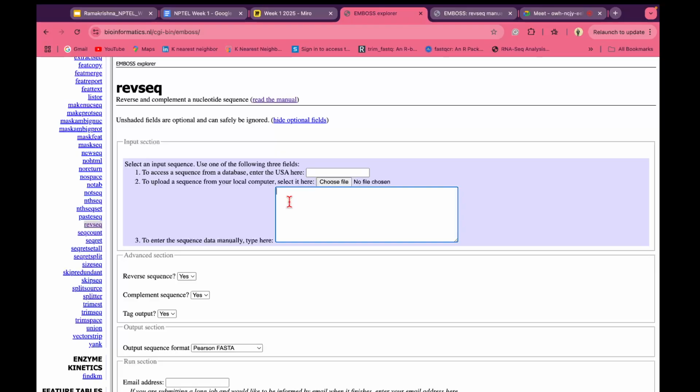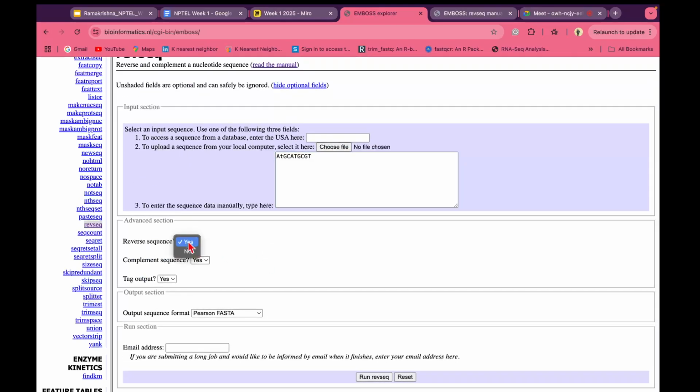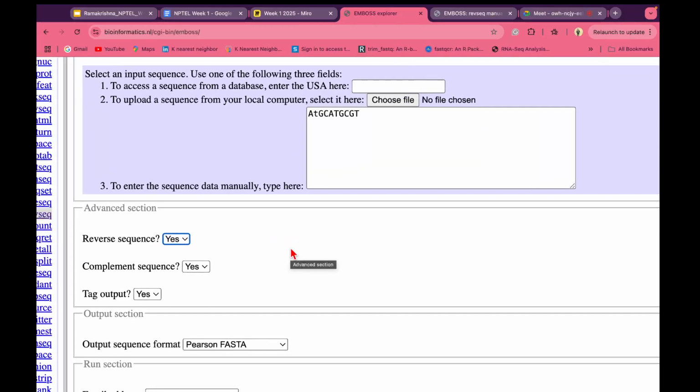I wanted to see what the reverse complement of ATAGCT will be. I'll zoom in a little more. I have given some random sequence as an input here, and it is asking whether we want to print a reverse complement of the sequence or a complement of the sequence. I am selecting yes. Complement sequence is also yes.